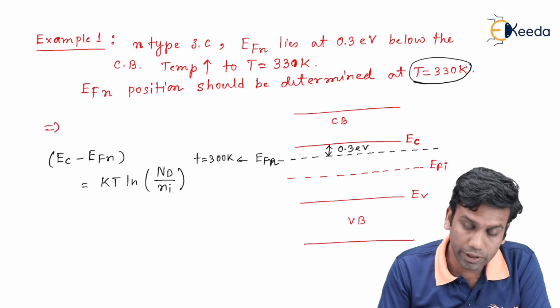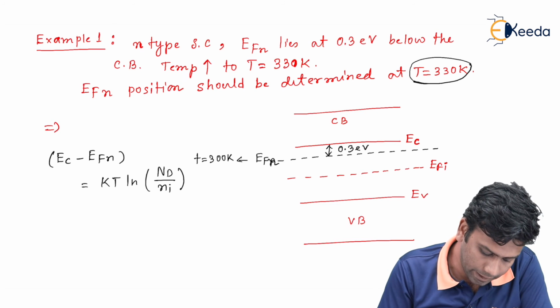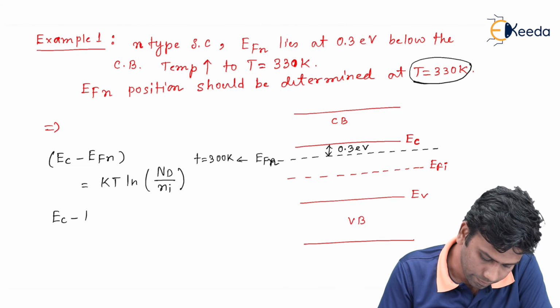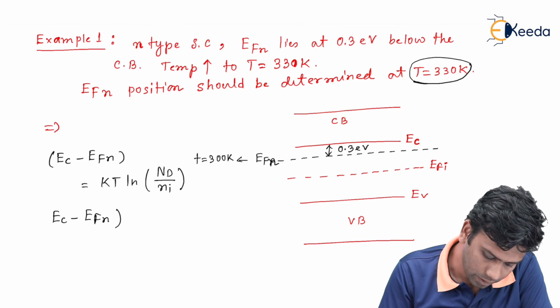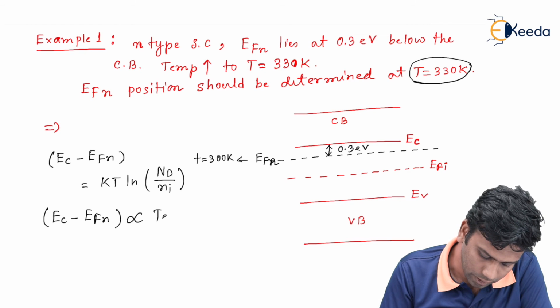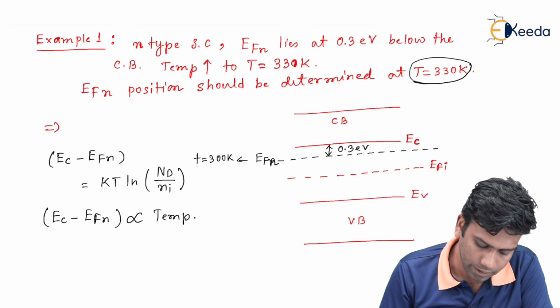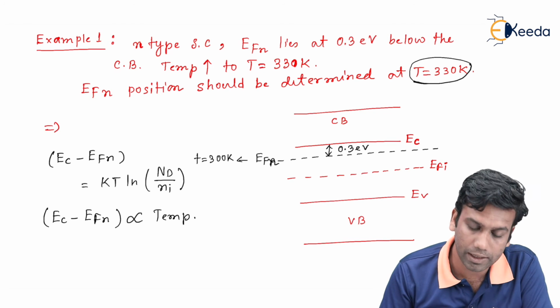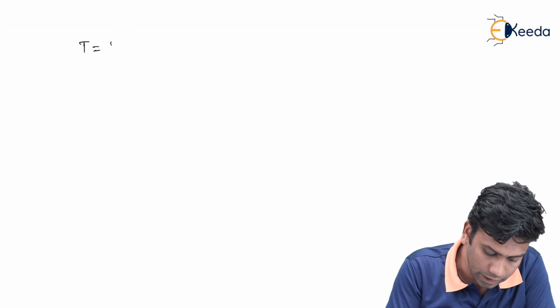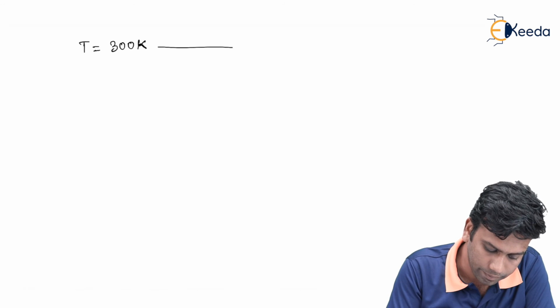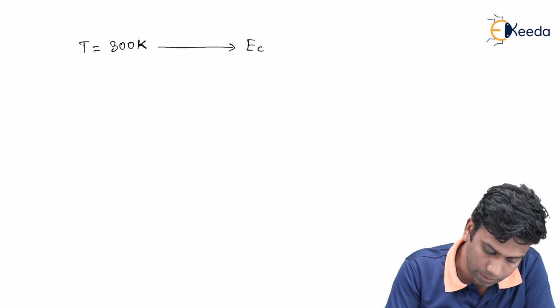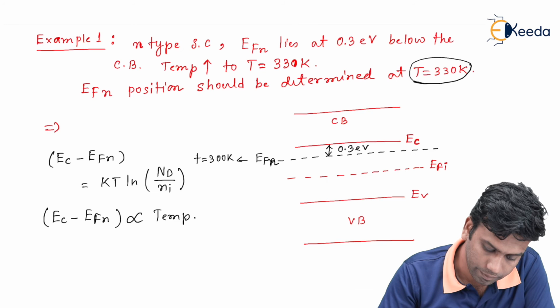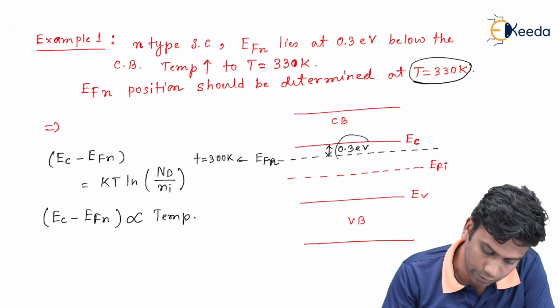From this equation we can see that EC minus EFN is proportional to the temperature, and EC minus EFN is given by 0.3 at 300 K. So we can write that at T equals 300 K, the value of EC minus EFN is 0.3 electron volt.